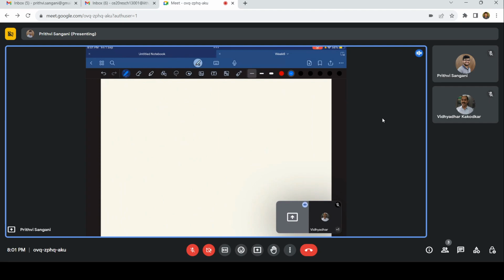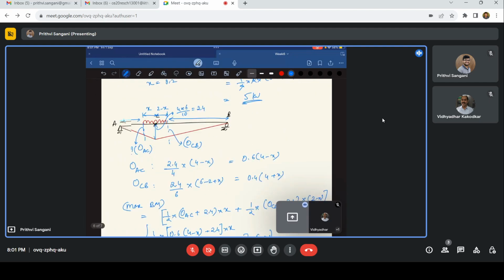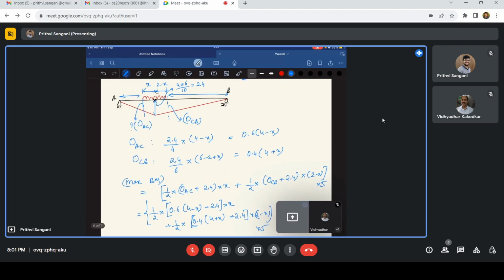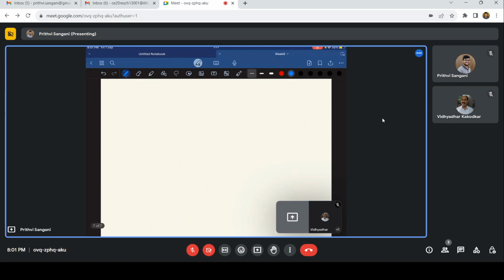So how do we find the maximum? It is again a polynomial, right? It's a polynomial of degree 2. So the maximum will be where dM by dx should be 0.